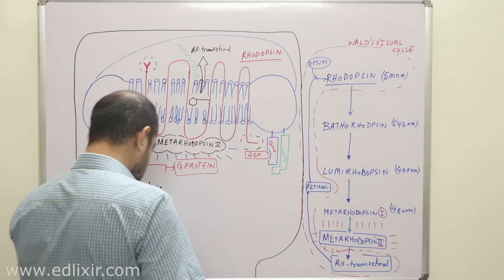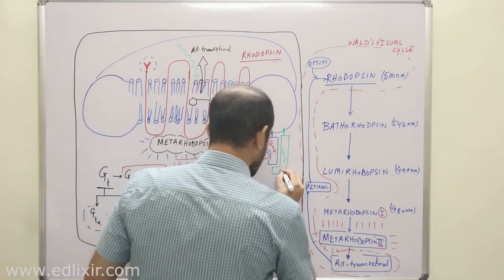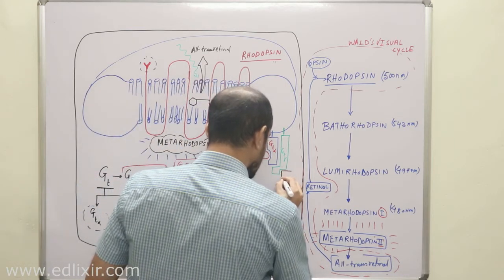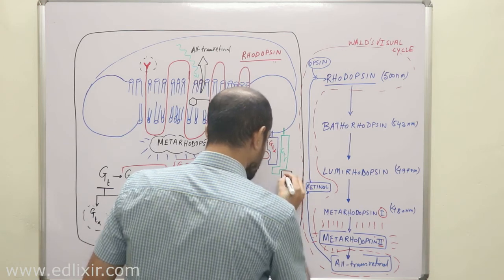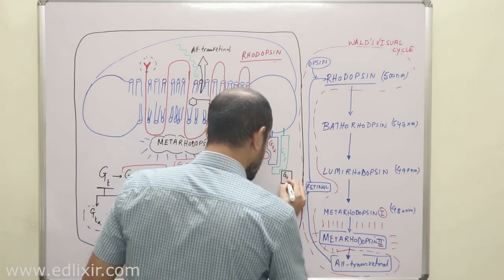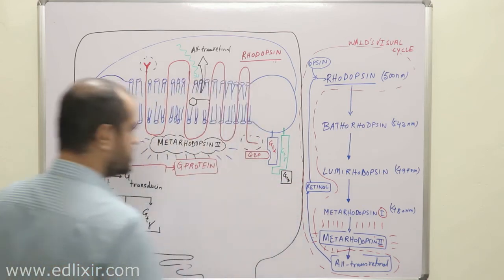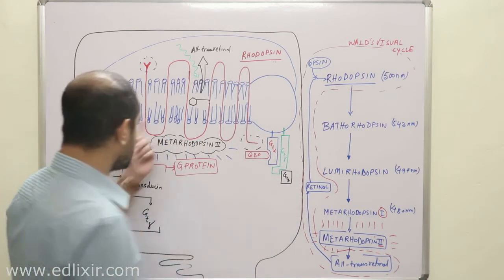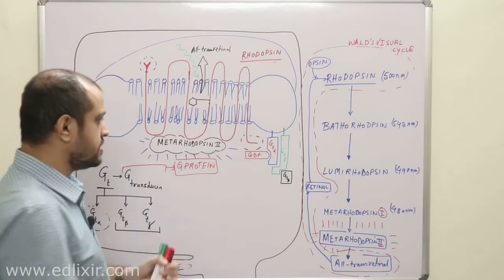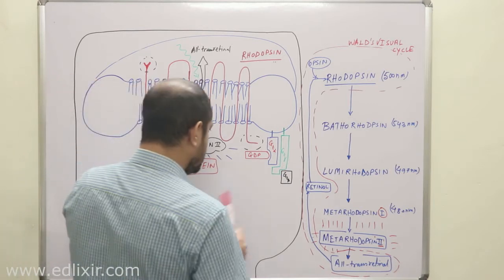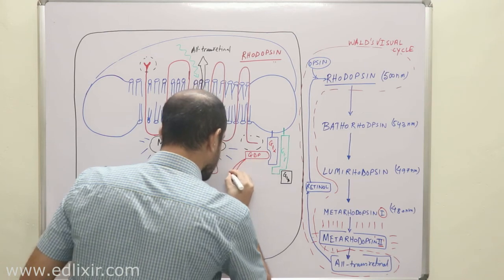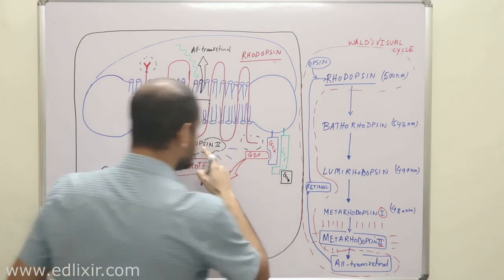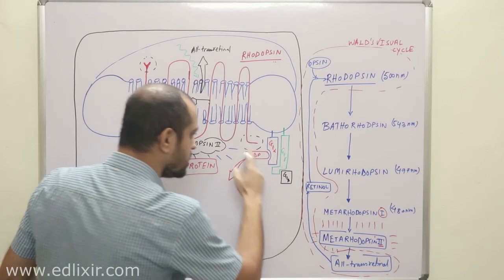And this is GT beta. Now a very interesting part you need to understand is this: when meta-rhodopsin is activated, this GDP will come out of this place. That means this meta-rhodopsin is now transferring its energy to this GT alpha.